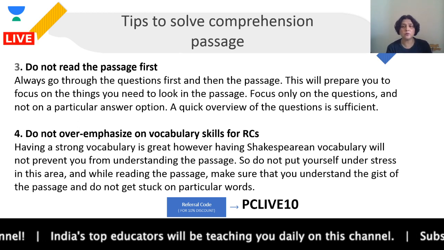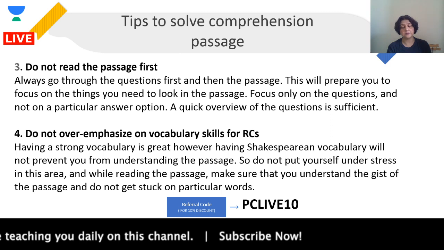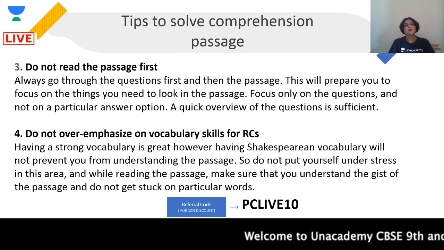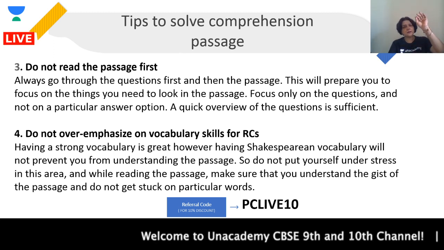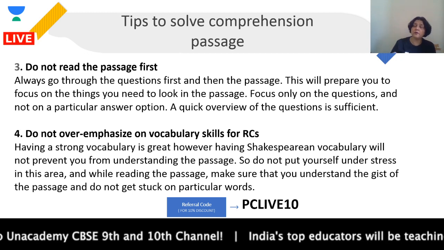So focus only on the questions and not on one particular answer option. Here, if you see the last line, a quick overview of the question is sufficient. If you have decided that you will read the questions first and not the passage first, then just take a quick overview.